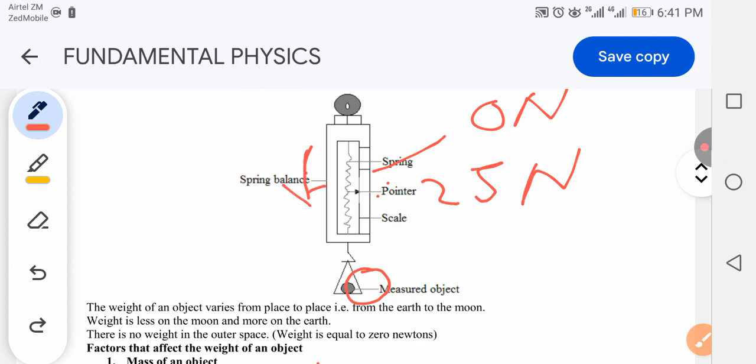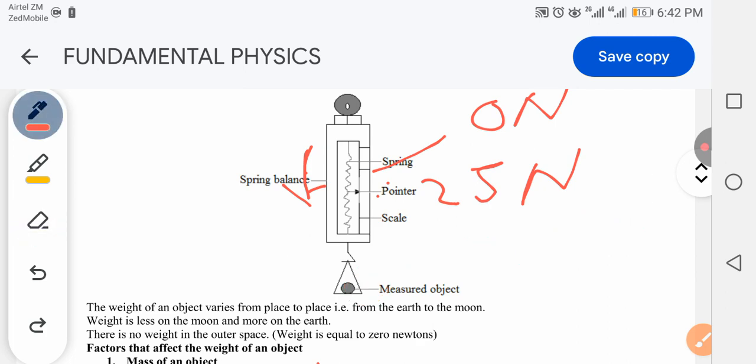So this simply means that this object which we have placed on the scale has a weight of 25 newtons. Hope I haven't lost anyone there.